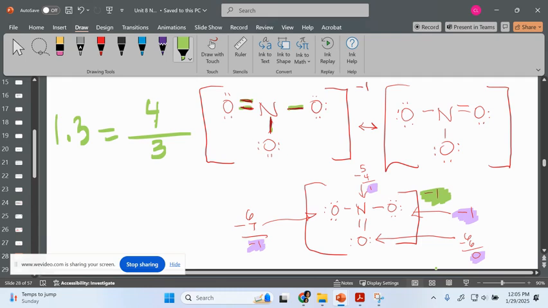So these are going to be stronger bonds than if they were all single. In reality, these are all like 1.3 bonds instead of a single bond or a double bond. All right, nitrate makes sense?